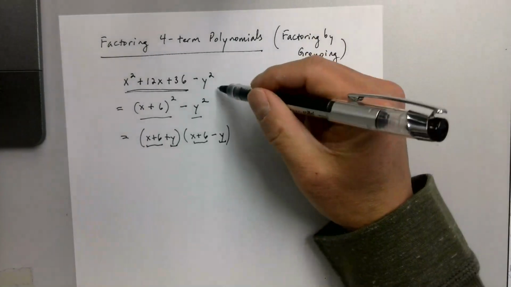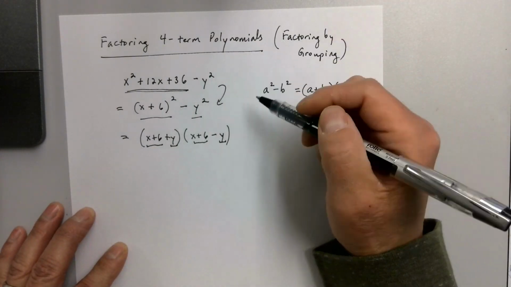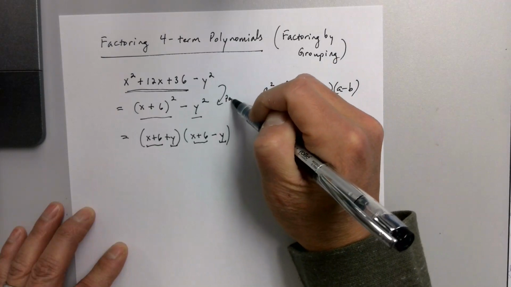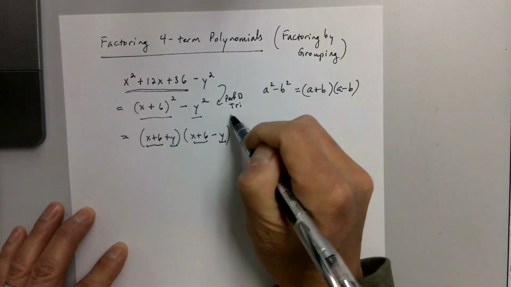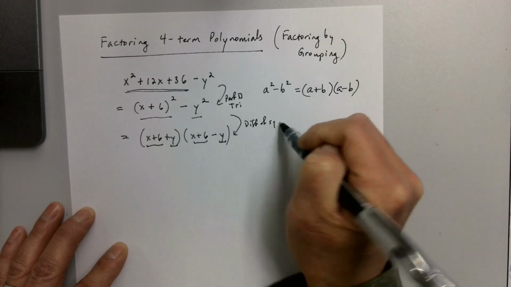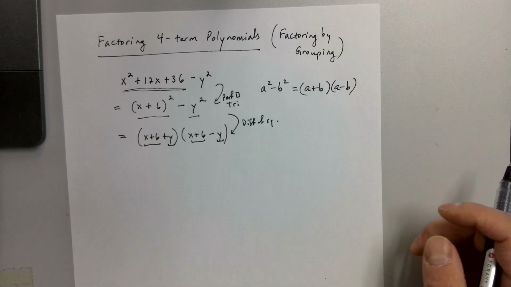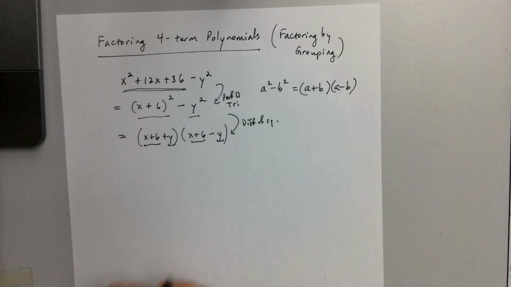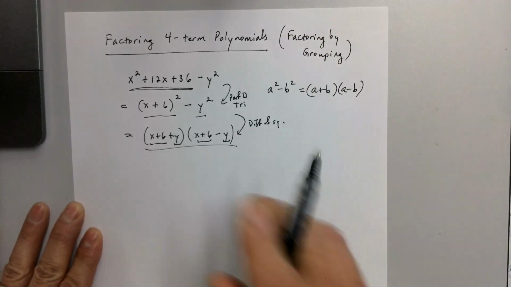So the first step we did, we factored the perfect square trinomial. And then we went from here to here, we did difference of squares. So we used two patterns that we have used in the past, but now we're applying that pattern to something that looks more complicated. Now compare what we ended up with to what we had.